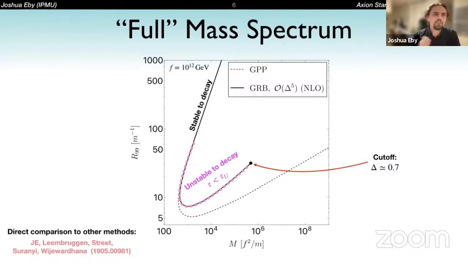And the transition from stability to instability is very rapid, I should point out. States on the solid line have lifetimes much, much smaller than the age of the universe. In fact, decay processes are basically negligible when the star is stable, and it very rapidly transitions to exponentially fast decay, and essentially the star disappears.